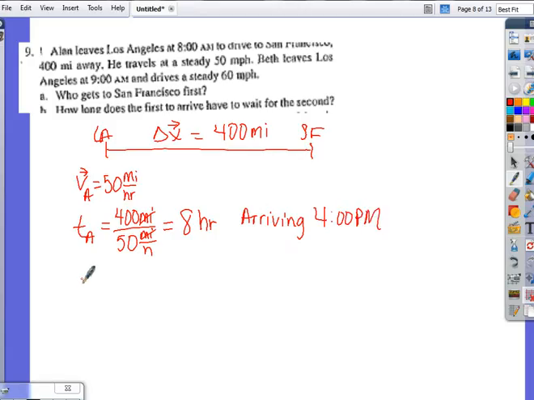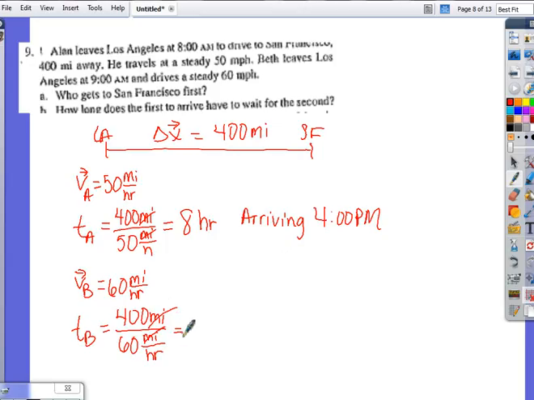Same thing for Beth now. So Beth's velocity is 60 miles per hour. And so the time it takes Beth, we have the same displacement. So 400 miles over 60 miles per hour. Miles cancels. 400 divided by 60.